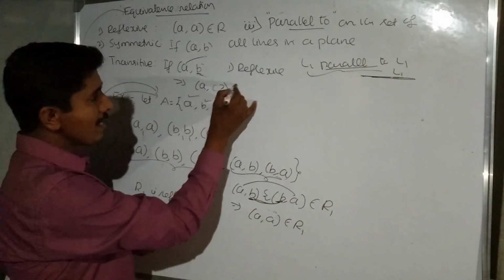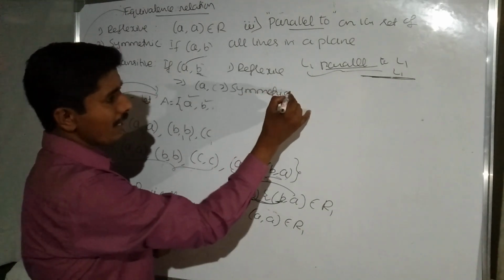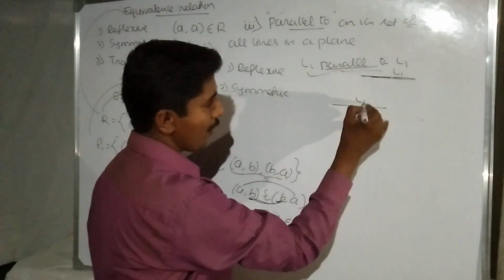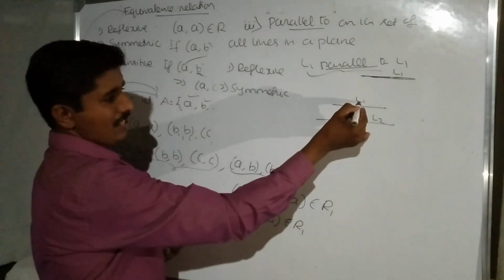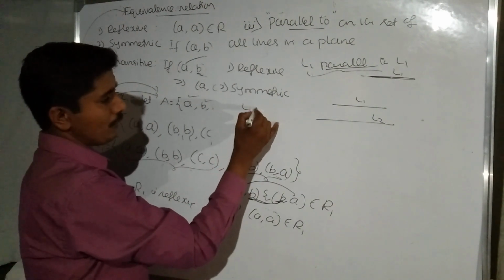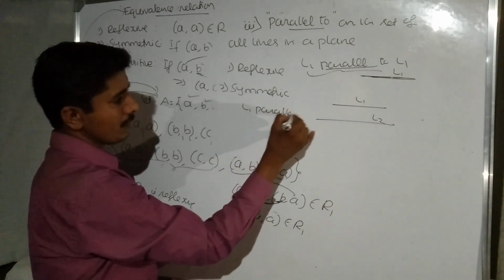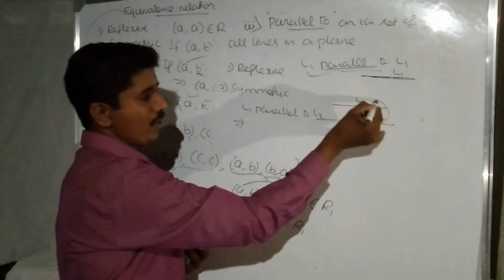Next, second one, symmetric. Take two parallel lines, L1 and this is L2 line. What is the relation between L1 and L2? L1 is parallel to L2. Then what is the relation between L2 and L1?